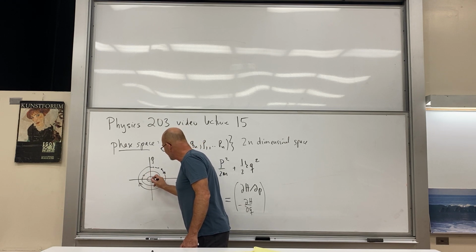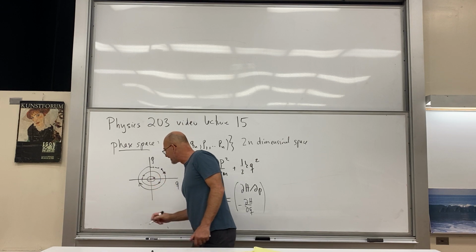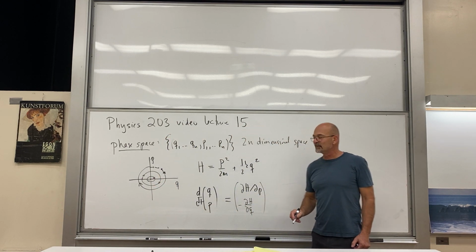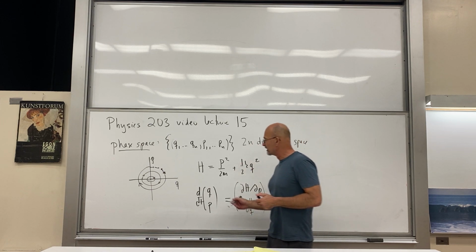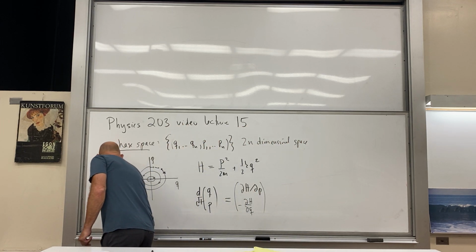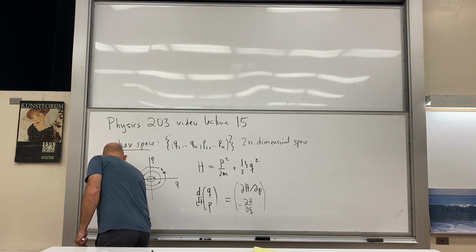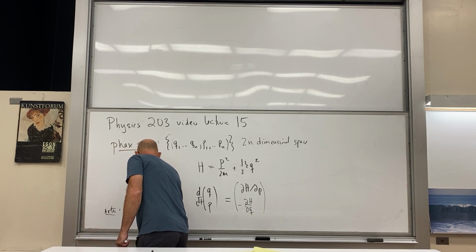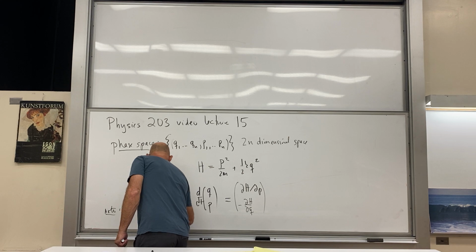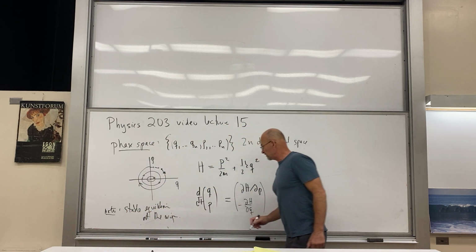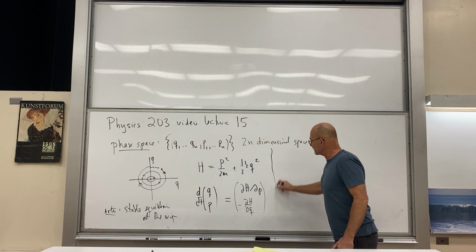And in fact, the very center here, the origin, represents an equilibrium point, a stable equilibrium, because that's the harmonic oscillator. So all I'm going to put here as a note, we've got a stable equilibrium at the origin. That's for our harmonic oscillator.